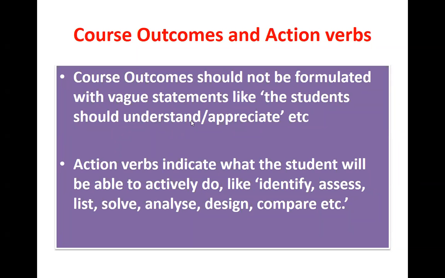And these are very vague. It's not an action verb. So action verbs indicate what the student will be able to do actively, like identify, assess, list, solve, analyze, design, compare, etc. Okay, it should not be abstract.